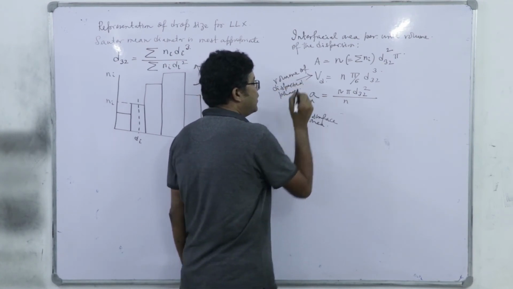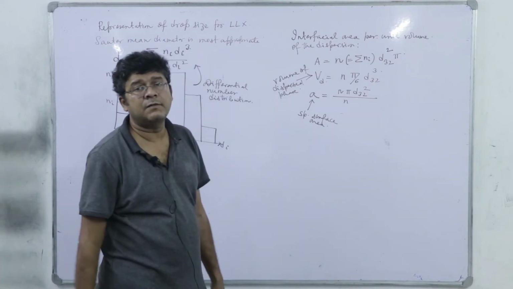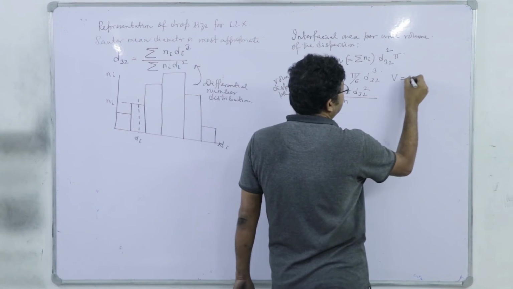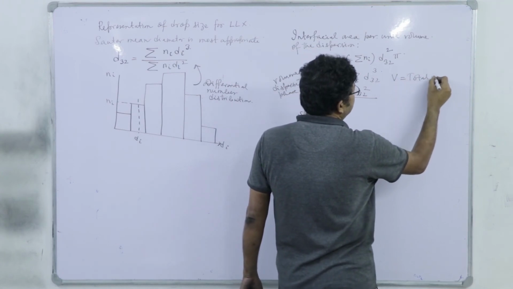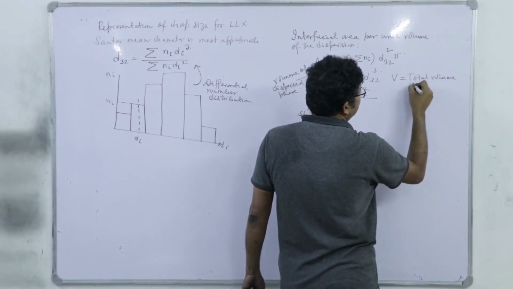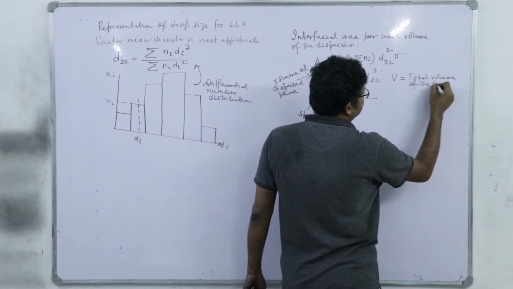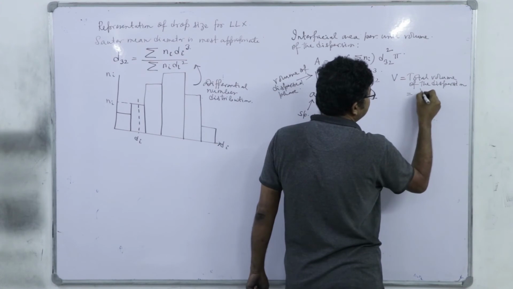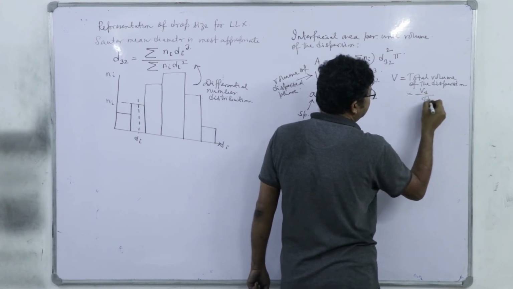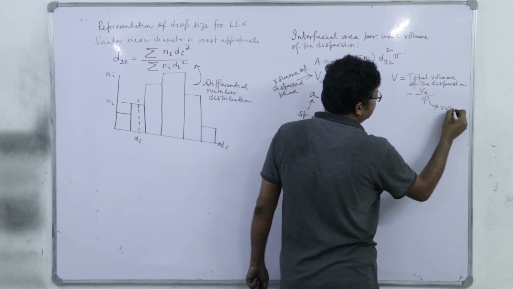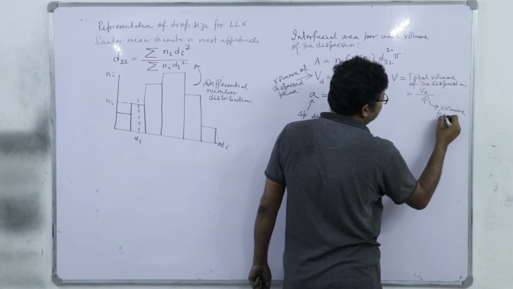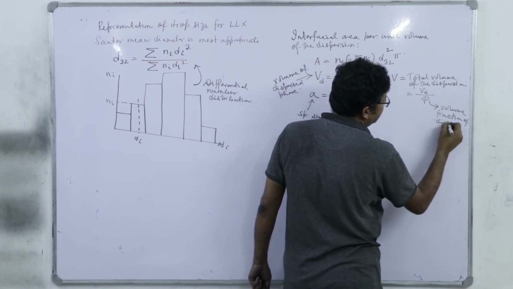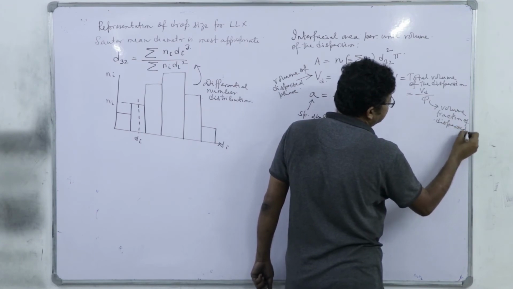What will be the total volume? If the dispersed space has a volume fraction phi, the total volume of the dispersion is Vd divided by phi, where phi is the volume fraction of dispersed space.